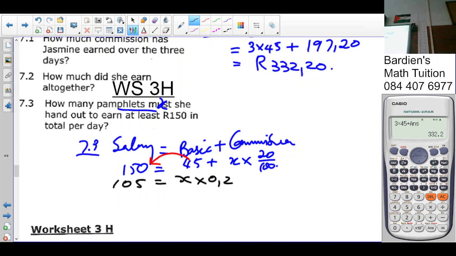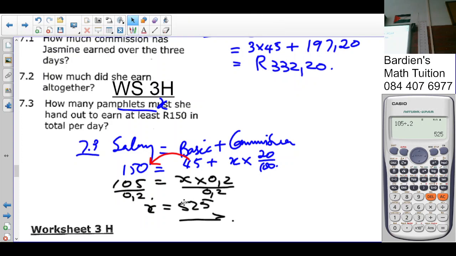Then how do I get x on its own? Divide by 0.2 on both sides. So x equals 105 divided by 0.2, which is 525 pamphlets. It's a lot of pamphlets.